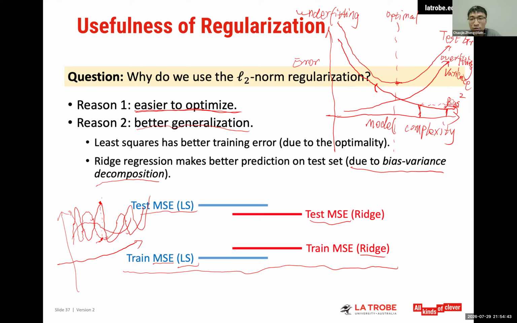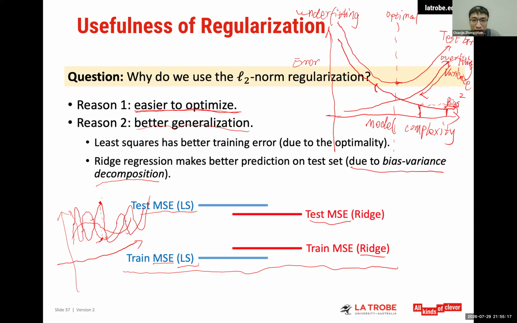We sacrifice a little bit on the bias, and what we gain is a lot of decrease in the variance. So this regularization term is just sacrificing a little bias performance, but gaining a lot of performance on the variance of the prediction performance.